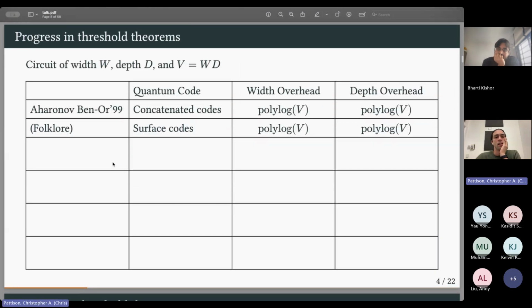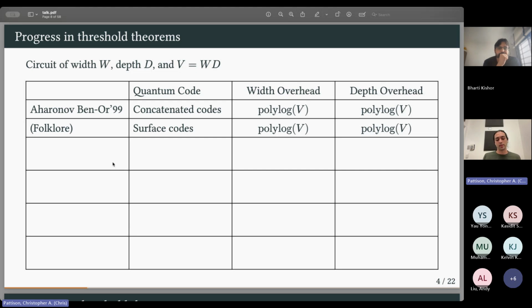So in terms of threshold theorems that are known here, our story starts off with some work by Aharonov and Ben-Or, some work by Kitaev, Laflamme, Zurek, and, sorry, I've forgotten the last person. But in the 90s, people showed that a fault tolerant threshold theorem is possible for polylog width and depth overhead.